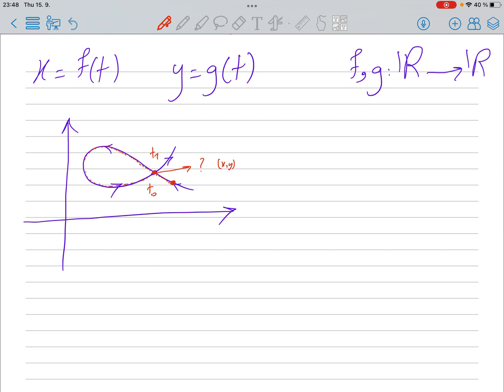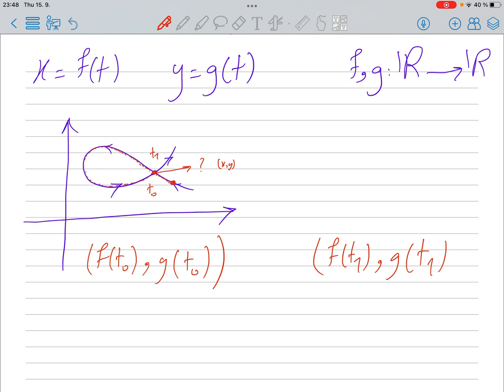So what is the location of the point at t0? It is f of t0 and g of t0, right? Why? Because x is equal to f of t and y is equal to g of t. And what is the location of the particle at t1? It is f of t1 and g of t1, right?